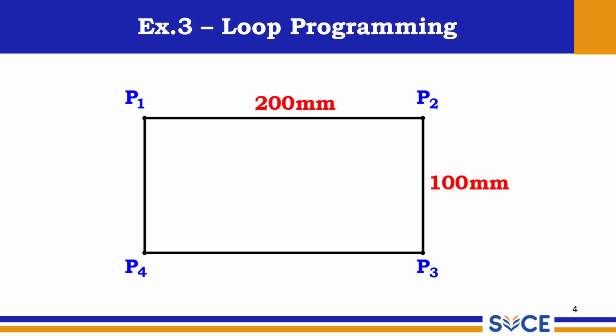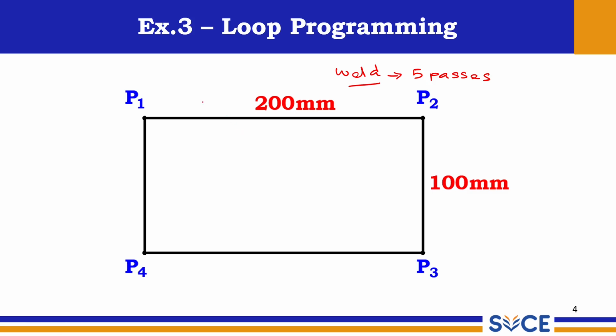Before that, let me take the example from the first exercise. There is a rectangle, and now it is used for a welding application. For welding, we want to do 5 passes, some sort of beading concept. So only 5 passes are essential, and at the end of the fifth pass, the process should get over.